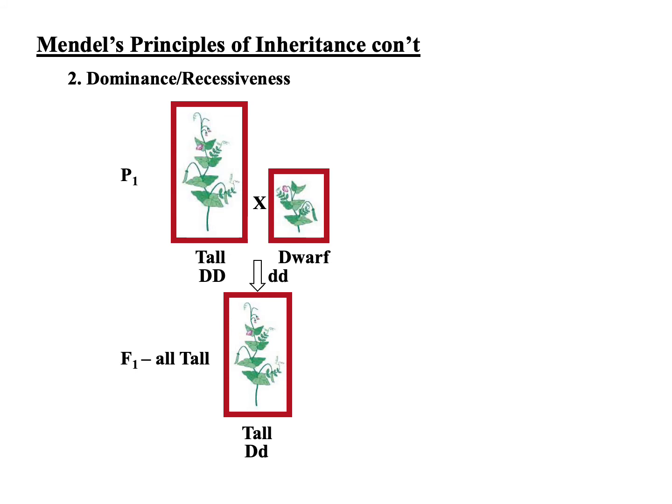What happens in that situation? What he proposed was that when 2 unlike factors are present, 1 factor is going to be dominant, or is what's going to be seen in the outward appearance of the offspring.